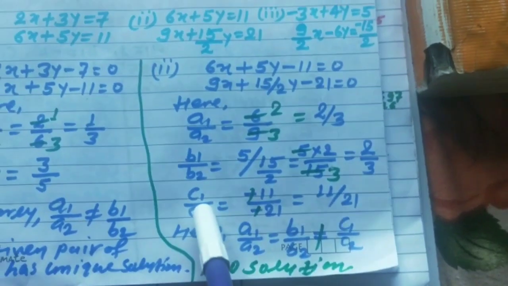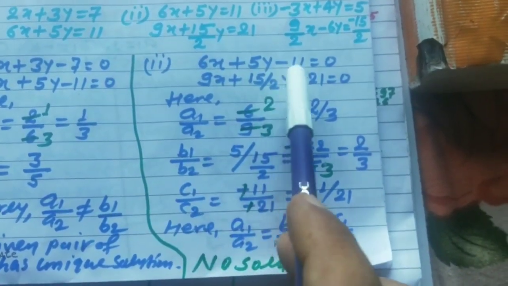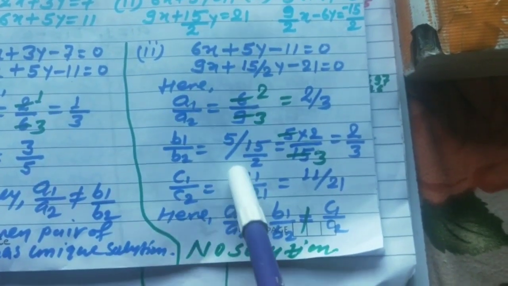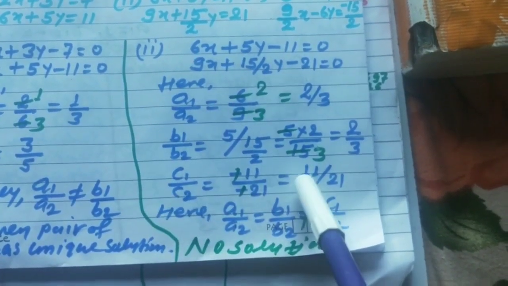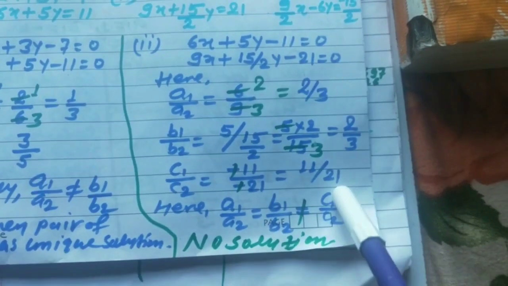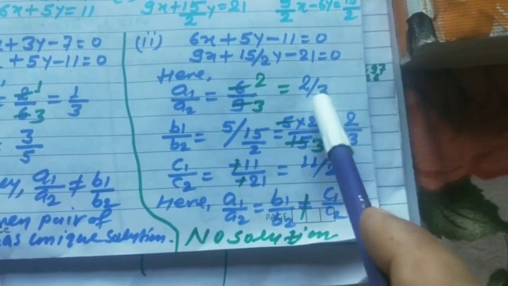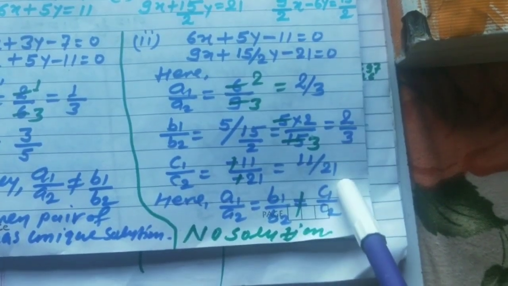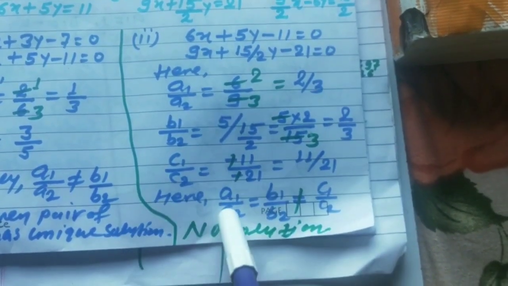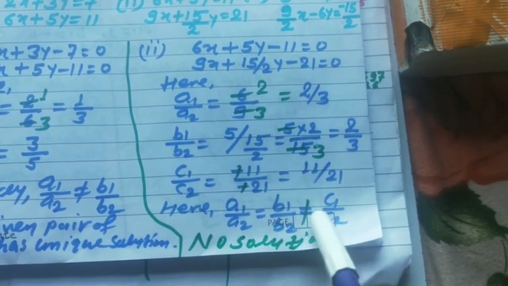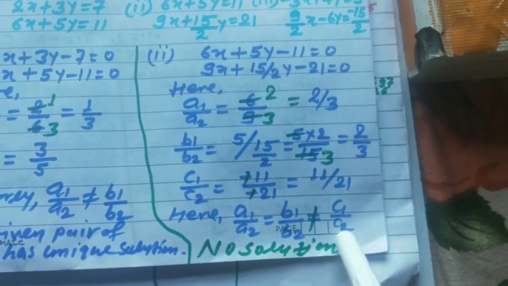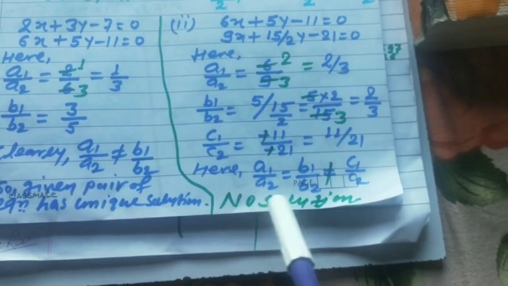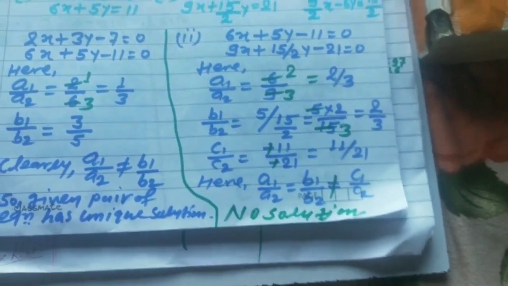Your C1 is minus 11 and C2 is minus 21. So this minus will cancel with this minus, and it will become 11 upon 21. Now you can see 2 by 3 is equal to 2 by 3 but not equal to 11 upon 21. That is A1 by A2 is equal to B1 by B2, not equal to C1 upon C2. So the given pair of equations has no solution.